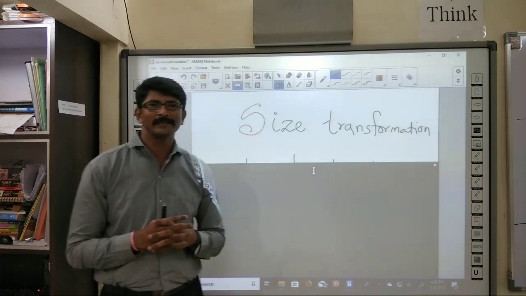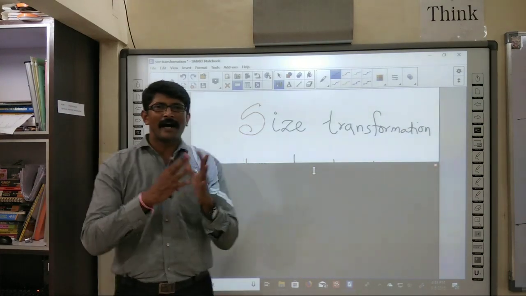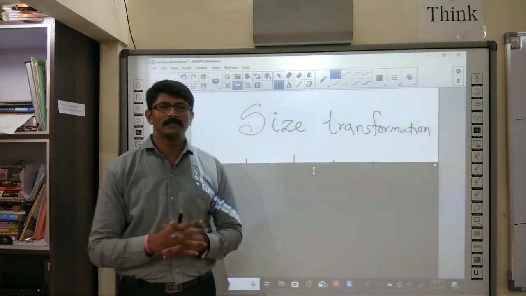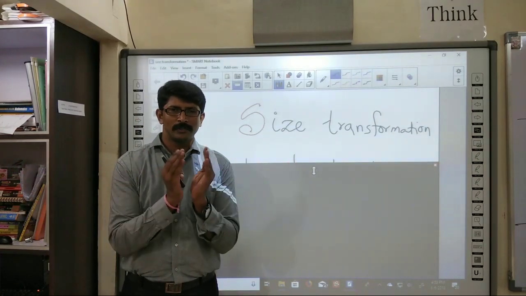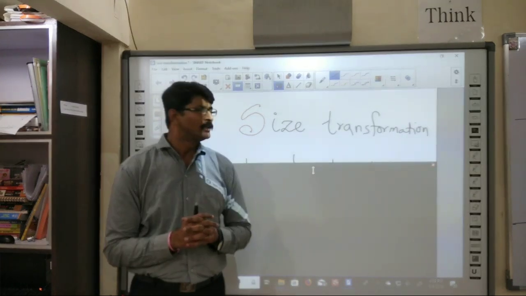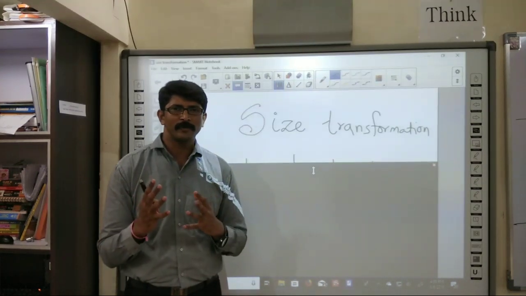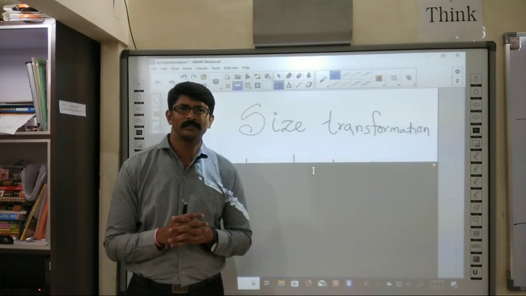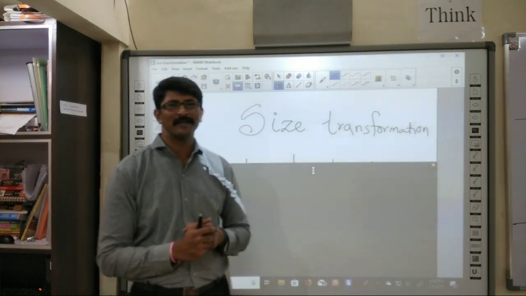So what exactly is size transformation, students? Size transformation is nothing but either you enlarge the image or the shape, or you diminish the figure. Where exactly do we do this enlargement or diminishing? It's very simple. Suppose you take selfies in your camera nowadays, isn't it?